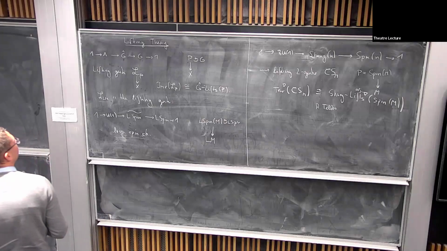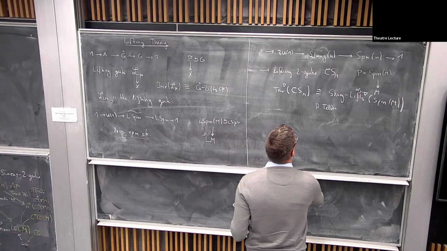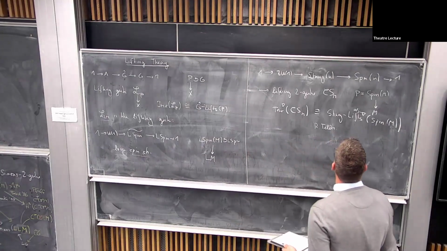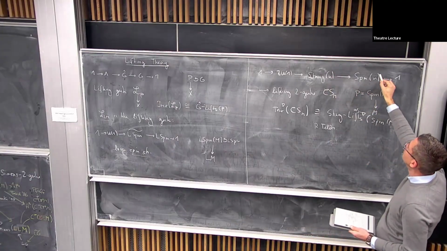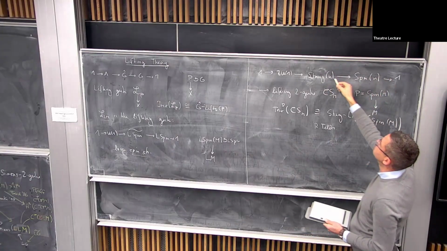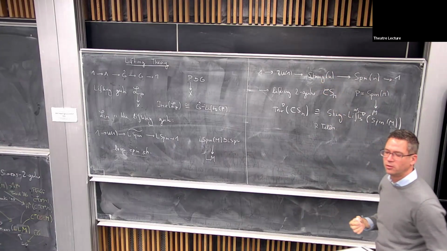And maybe I can also explain what one of these principal 2-bundles is in that setting. So here, these lifts: we start with an ordinary bundle for Spin, but want to lift it to the 2-group String(n). So the lifted thing will not be an ordinary bundle, it will be a principal 2-bundle.